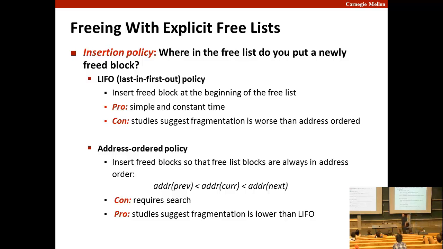But remember, if I want to coalesce, do I actually need my explicit pointers? No, right? I don't. So I don't actually need this to coalesce. I can actually use my implicit pointers before I start and say, okay, I'm freeing this. Look to the left, look to the right. Good.